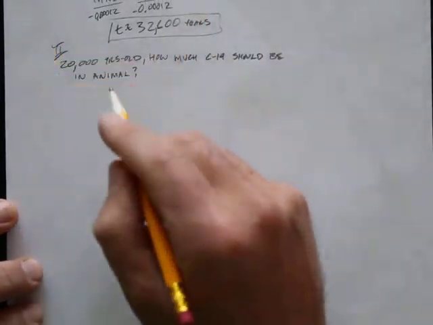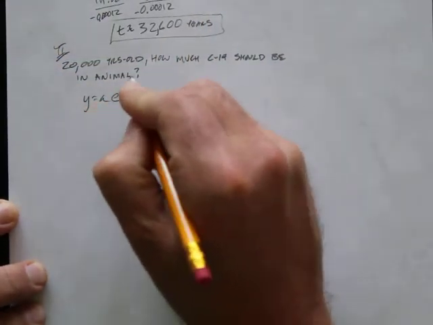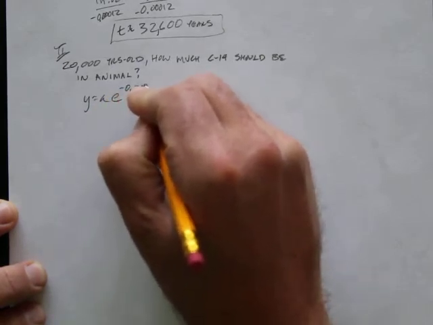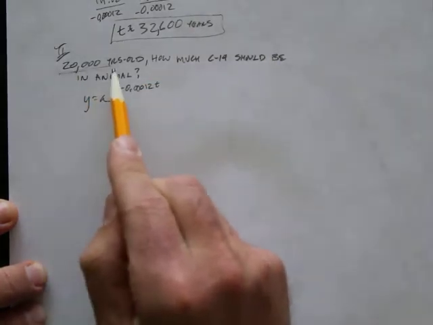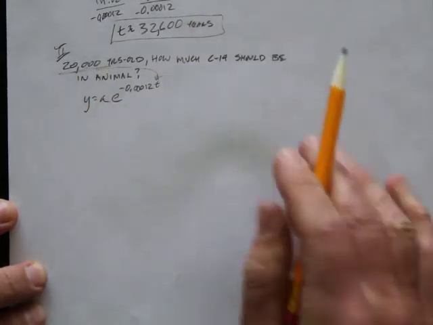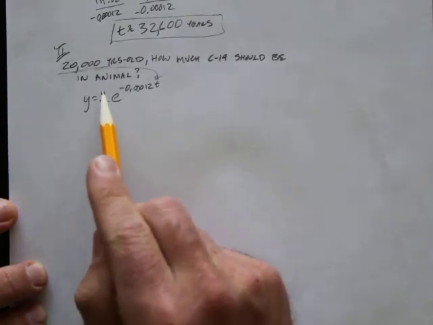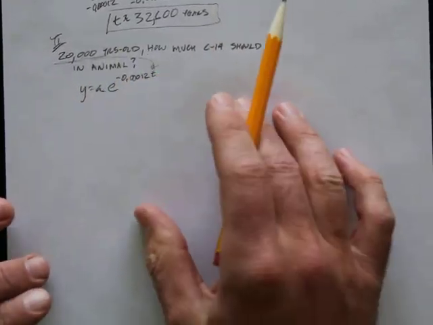Okay, let's see how you did. So my equation is y equals a times e to the negative 0.0012 times t. I know what t is, 20,000. And I told you that you can plug 1 in here for a because that's the beginning of this animal.